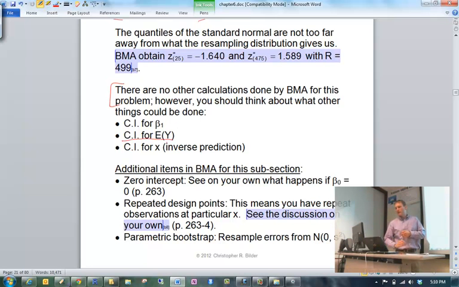How about a confidence interval for the expected value of y? Remember we have beta hat 1 that's returned to us from calc.t. So we would probably have to modify our calc.t function, right? What would you want returned?